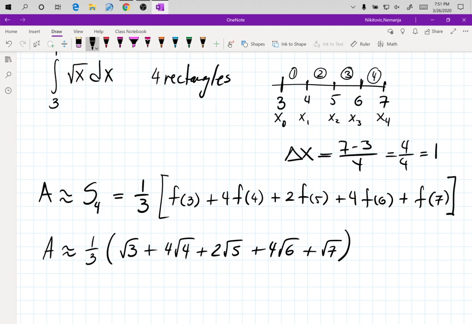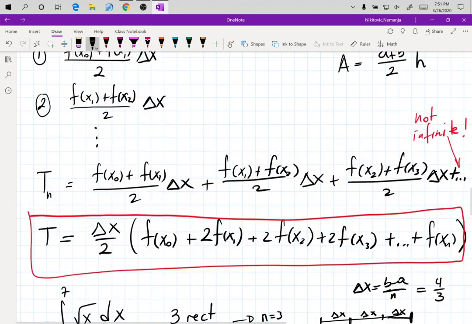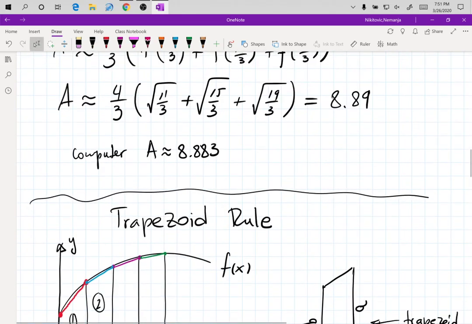Close parenthesis, everything divided by 3 gives me 8.8826, which I would round to 3, which is what Wolfram Alpha gave me, right?